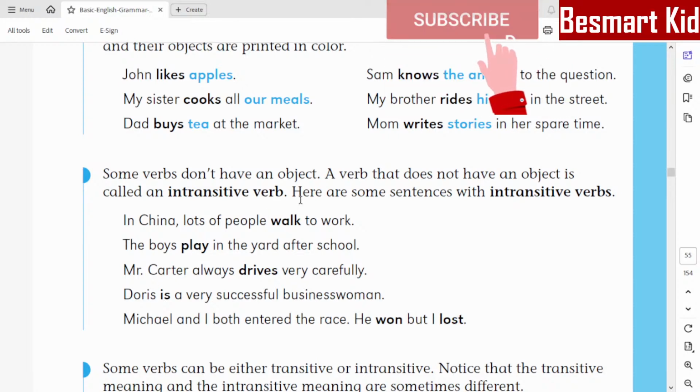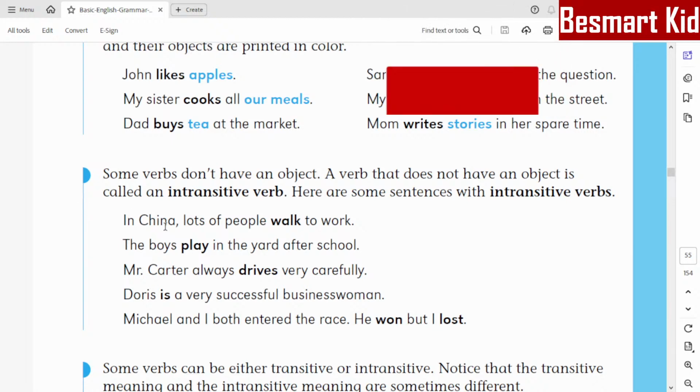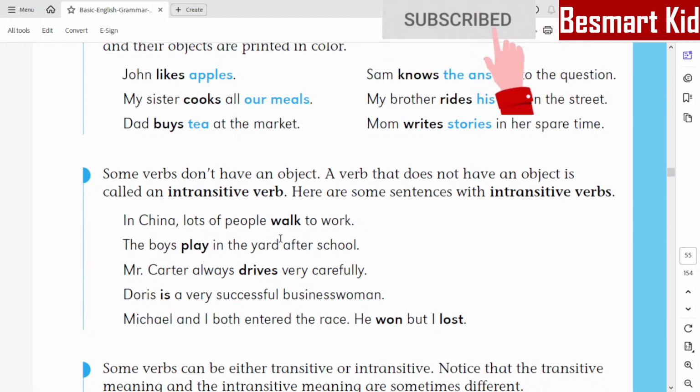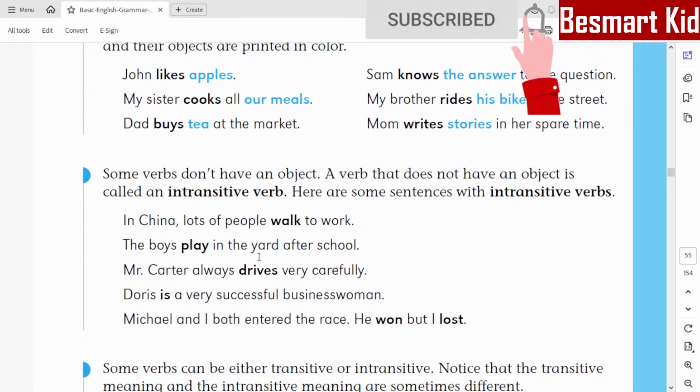Here are some sentences with intransitive verbs. In China, lots of people walk to work. The boys play in the yard after school.